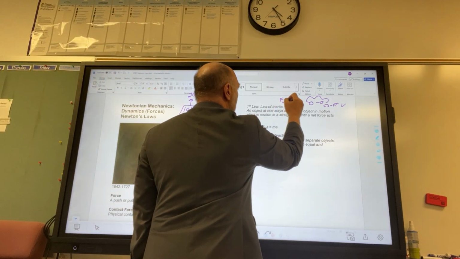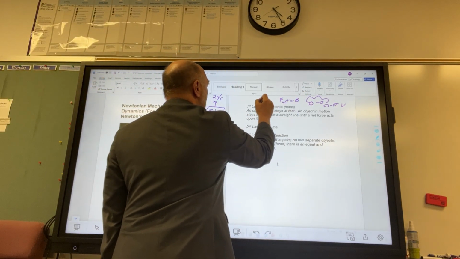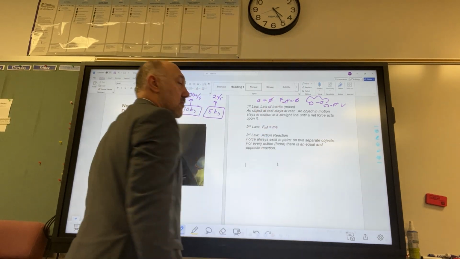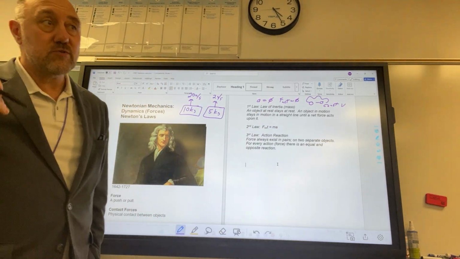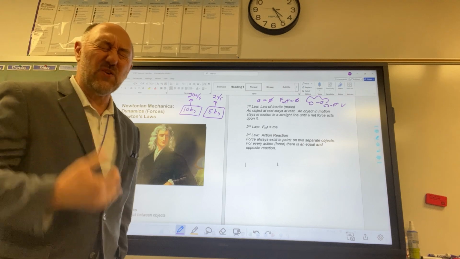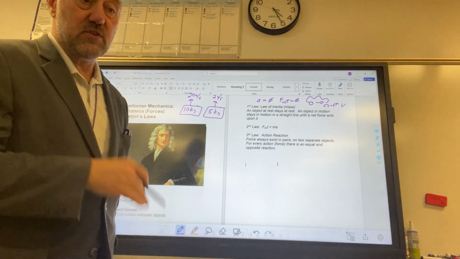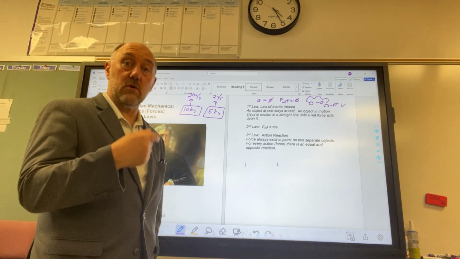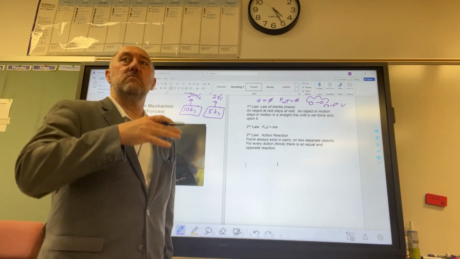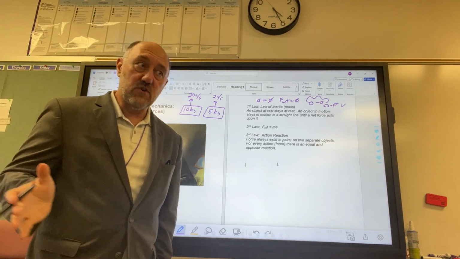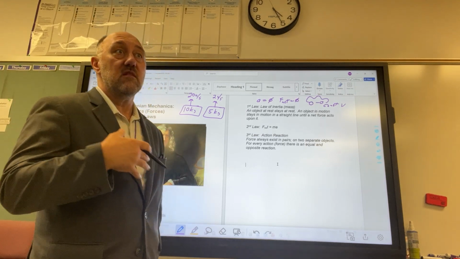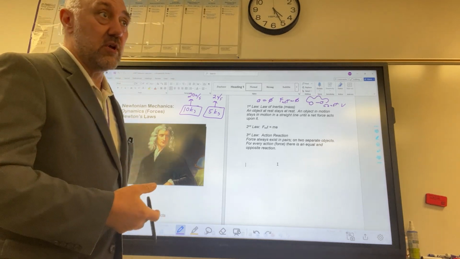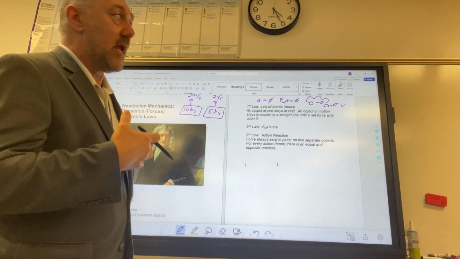F net equals 0, because a equals 0. So objects in motion will just stay in motion, doesn't need a force if it's going in a straight line. Needs a force to go in a circle, needs a force to speed up, needs a force to slow down. But if it's going at a constant speed, then either there's no force at all or the forces cancel out, there's no net force.